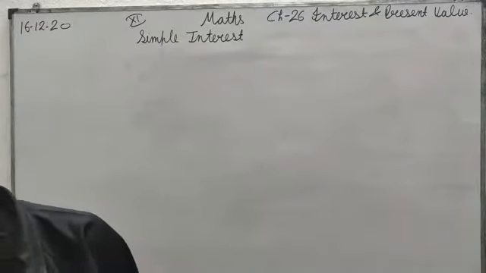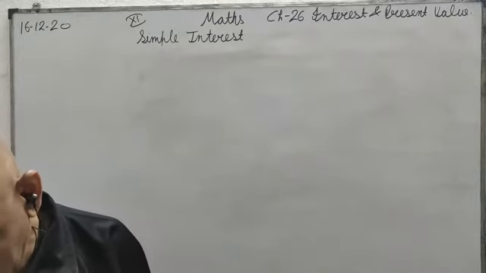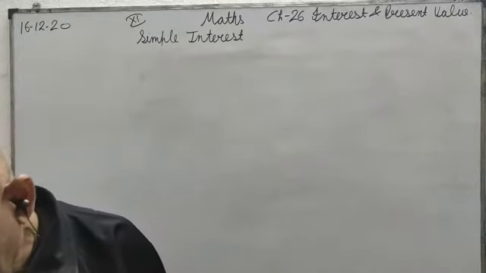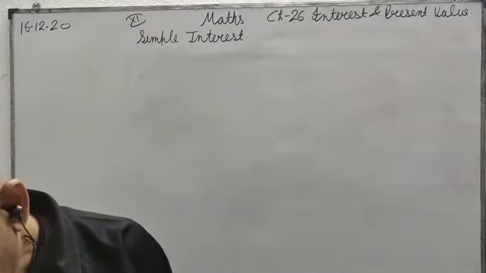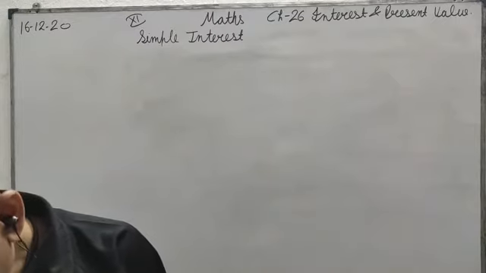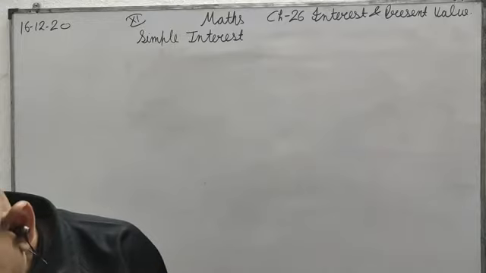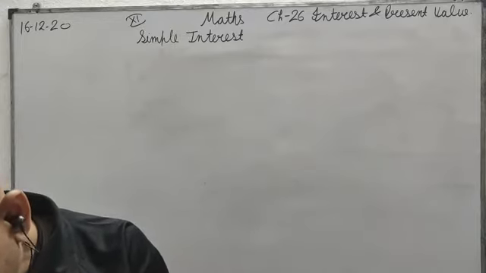What sum lent out at 6.25% per annum produces the same simple interest in 2 years as 15,000 lent out at 5% produces in 1 year and 4 months?